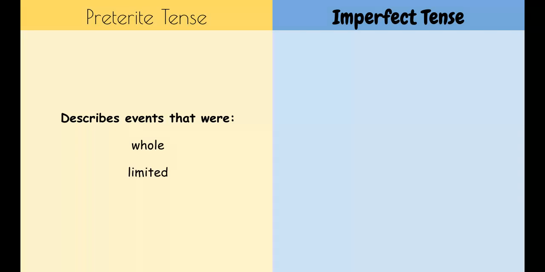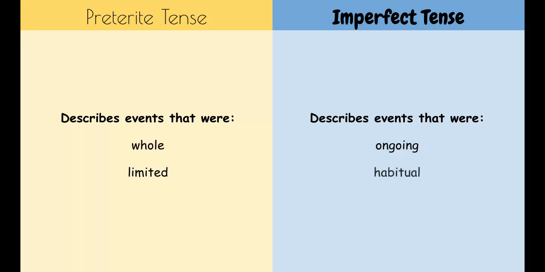Many people will say that these are completed events, although that's not necessarily always true. And to contrast with that, we have the imperfect tense, which still happens in the past, but we're describing events that were ongoing or habitual. And you'll see the word habit in that word habitual, and we'll get to that in a second.